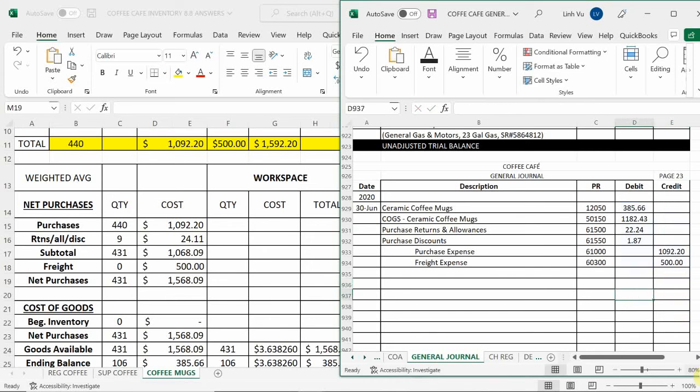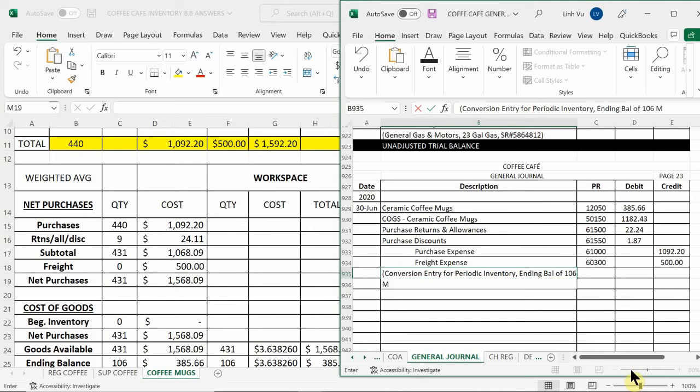Okay, good. And then of course you can go ahead and put your little description here saying this is a conversion entry for periodic inventory. You have the ending balance of 106 mugs.